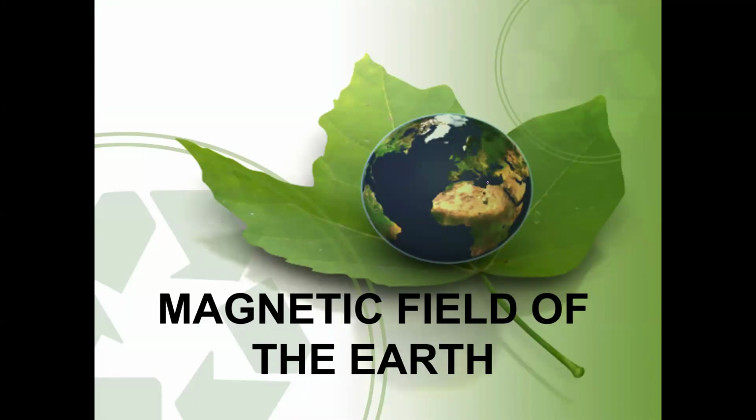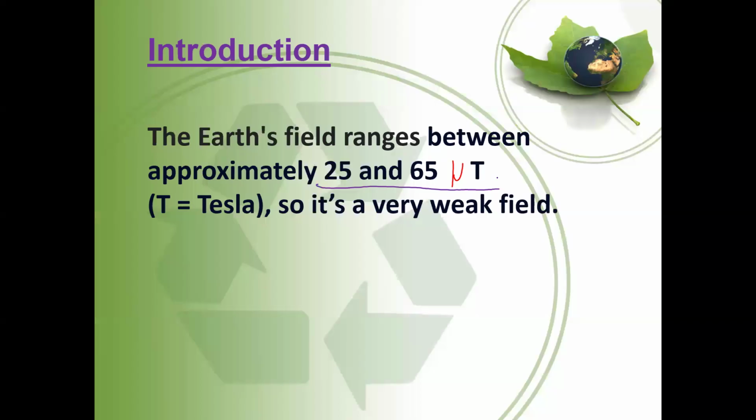It is present, but it doesn't interfere with the functions on the Earth, like electric wires going above the Earth. We use metals in our buildings, especially iron, but the Earth does not disturb them. I repeat the two concepts. Number one, Earth produces a weak magnetic field. How weak? Approximately 25 to 65 micro Tesla.